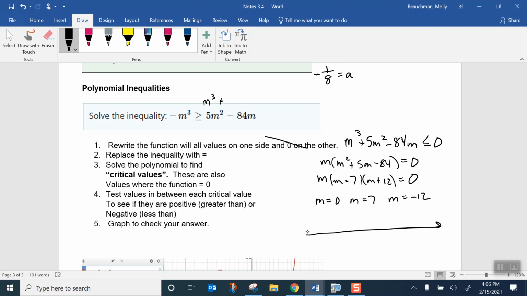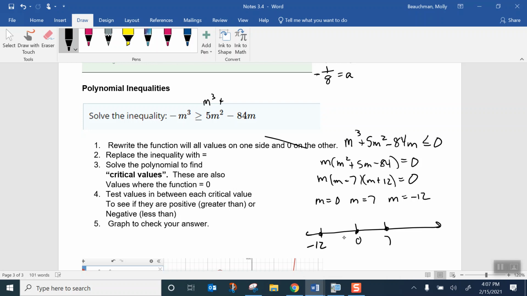So that basically cuts my number line, with 0, 7, negative 12, into four pieces. I know that my polynomial is equal to 0 at each of these places. These are called critical values, where it equals 0. And what I want to do is test values in between these values to see if they're positive or negative in the function.